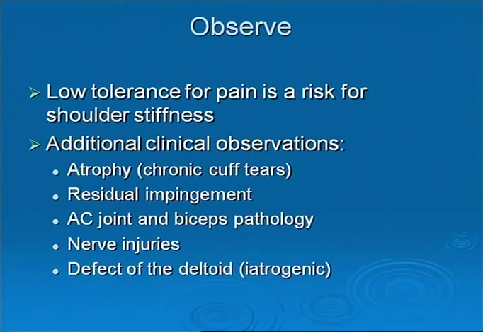Other clinical observations include atrophy of the muscles, residual impingement, AC joint and biceps pathology, nerve injuries, and defects of the deltoid muscle, which are often iatrogenic, especially after open surgeries.